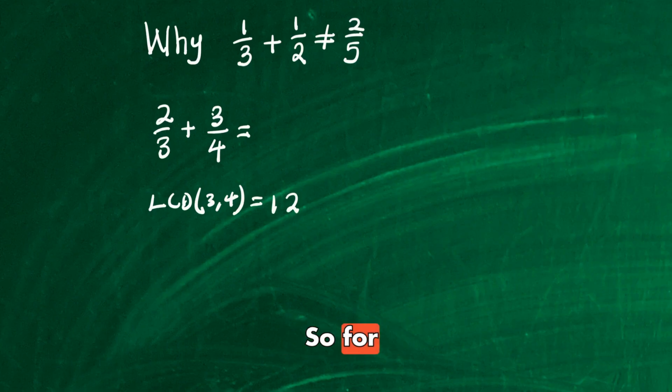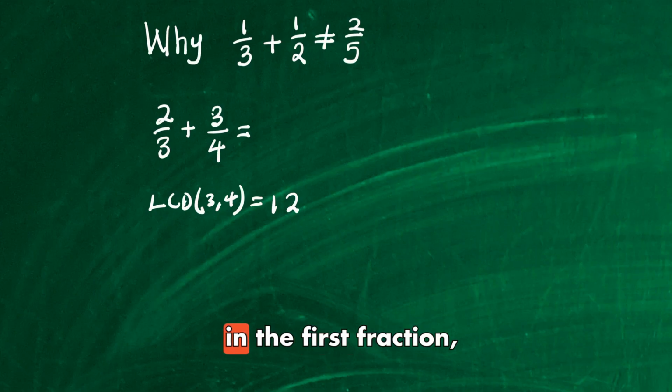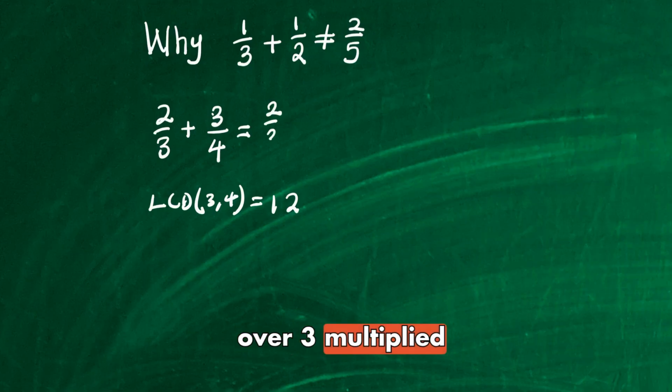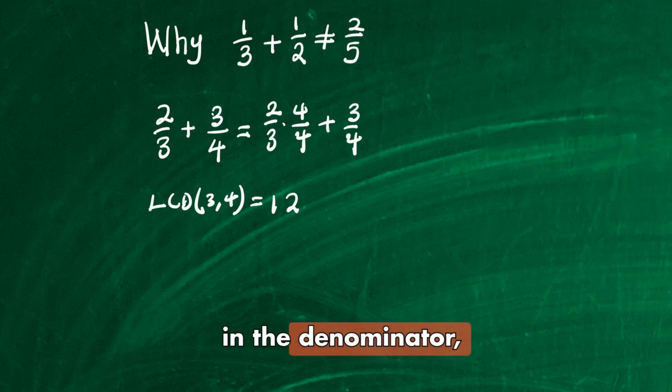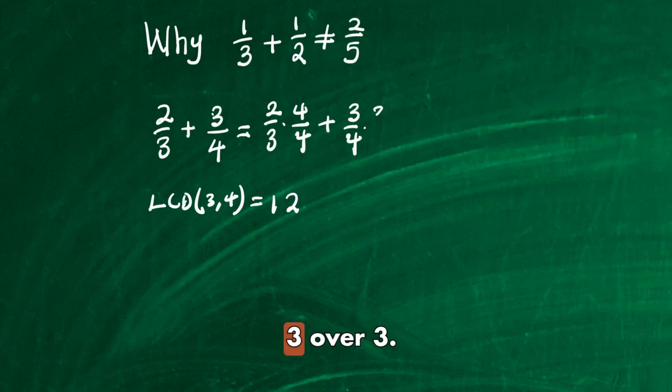Okay, so for us to have 12 in the denominator in the first fraction, we need to multiply it by 4. So I write 2 over 3 multiplied by 4 over 4, which is just 1, right? Then plus 3 over 4. I need 12 in the denominator, so I multiply by 3 over 3.